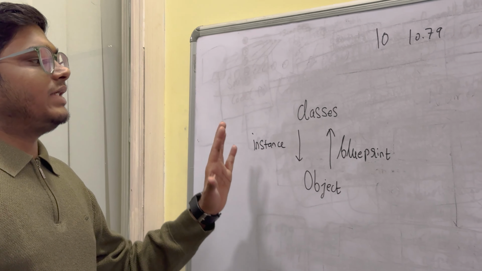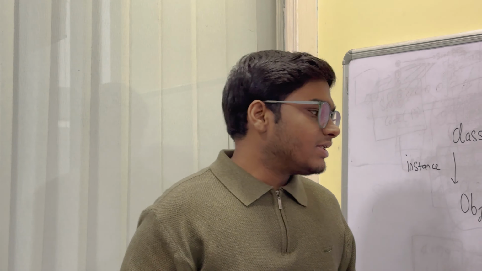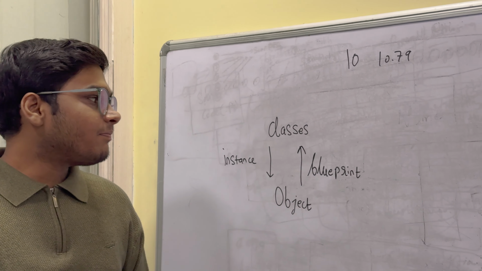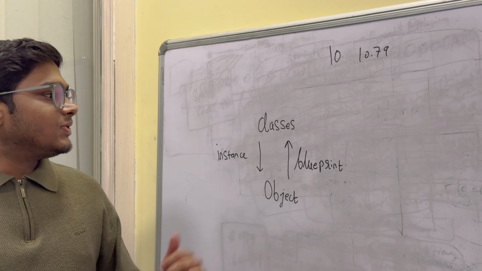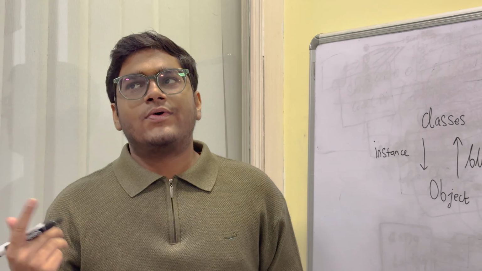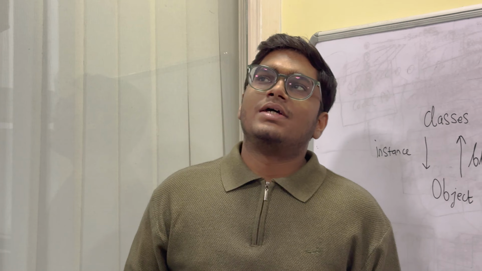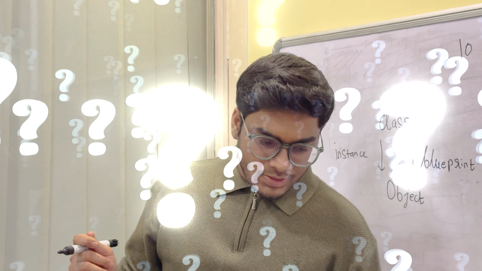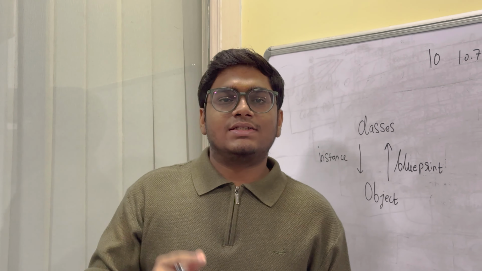Now you might say, okay, that sounds very technical. As you promised before, can you explain in the real world example? Yeah, sure. So classes can be understood as the blueprint. Now, what do you remember by blueprint? Blueprint. We have heard about it in the construction sites, right?